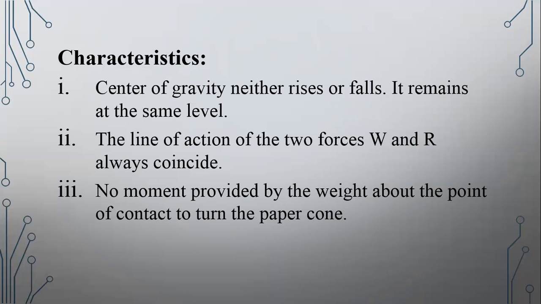It will remain at the same level. In stable equilibrium, line of action of weight lies inside the base area, but in case of unstable it lies outside the base area. And in case of neutral equilibrium, weight and normal reaction force, they act along the same line.